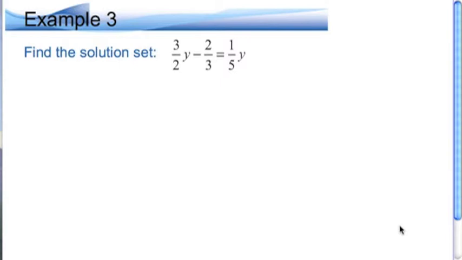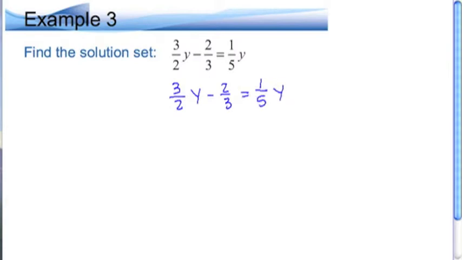For the next example, we would like to find the solution to 3/2 y minus 2/3 equals 1/5 y. The first thing we want to do is clear out these fractions to make it a little easier to work with.